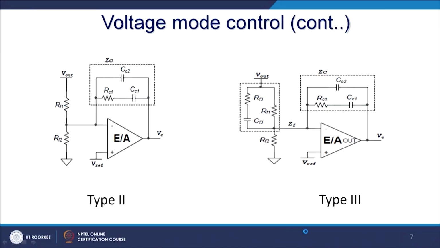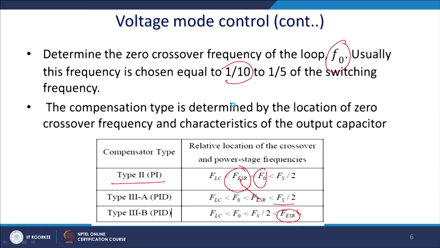So, this is type 1, a normal PI controller. In type 2, you can find it here, this is a normal PI controller, and here this capacitor comes into the picture, and thus it has an effect on the control system. Let us go back to the previous slide and see what type 1 and type 2 are.